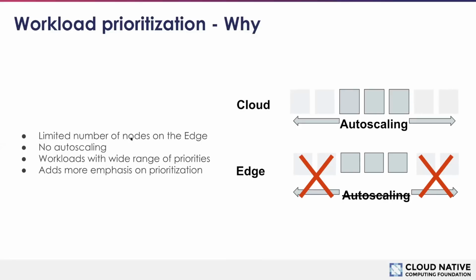So if you need more resources, it's usually fairly easy to add more nodes and scale out your solution. But as we said, deploying things on the edge is more complicated. So basically you're ending up with having the limited number of nodes there.